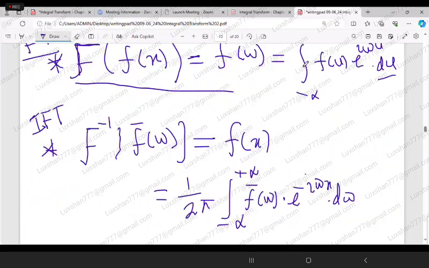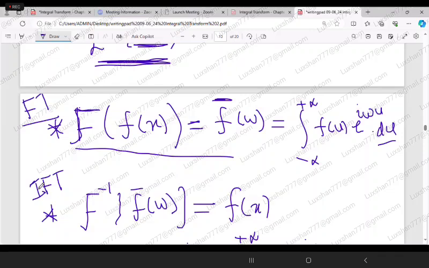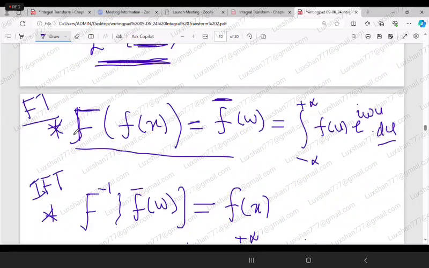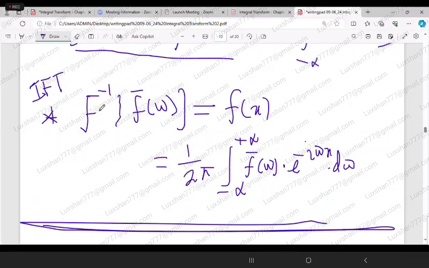So you have to learn by heart these two formulas: how to find the Fourier transform of a function and how to find the inverse. Both are integrations. To find the Fourier transform, integrate from minus infinity to plus infinity f(u) e to the power i omega u du. To find the inverse, remember there is 1 over 2 pi, integral from minus infinity to plus infinity of f bar omega, the Fourier transform of the function, into e to the power minus i omega x.